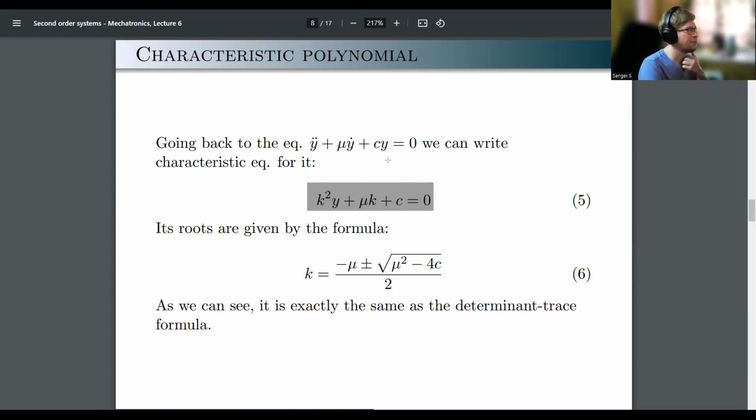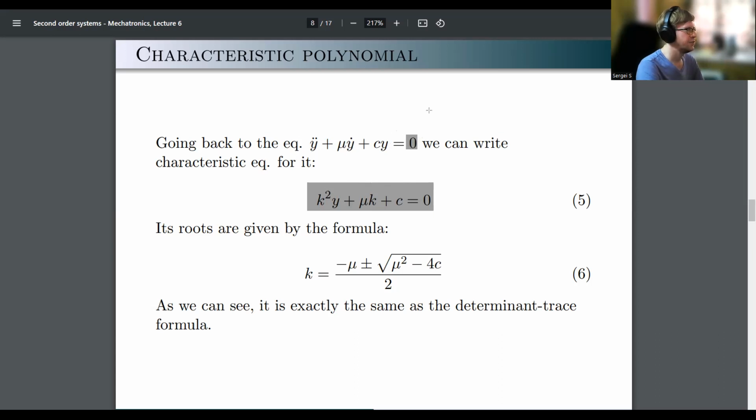But if you remember Laplace, how we worked with Laplace, it is almost exactly the same. In Laplace, we would have had p squared times y plus mu p times y plus c times y.